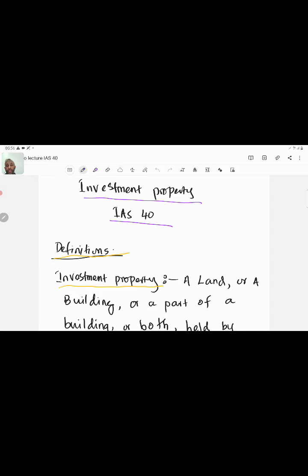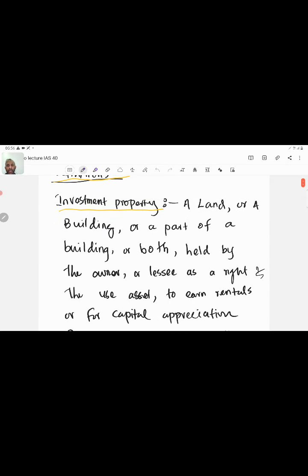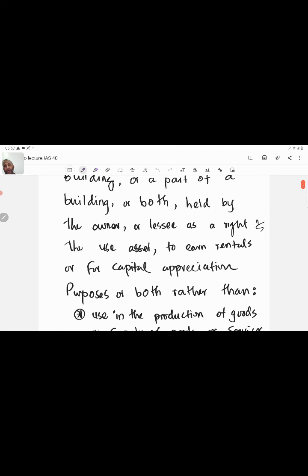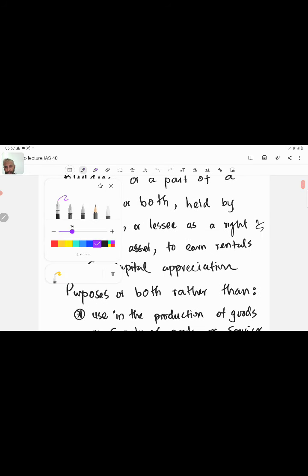It could be a land, a building, part of a building, or both land and building, held by the owner, or by the lessee as a right-of-use asset, to earn rentals or for capital appreciation purposes.